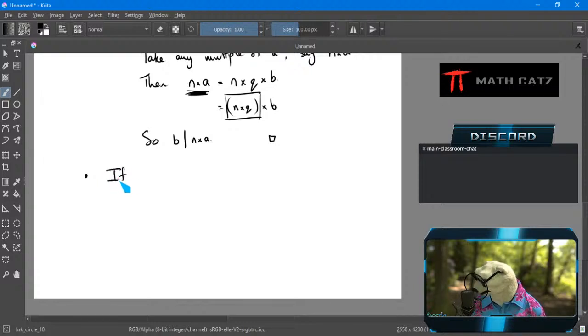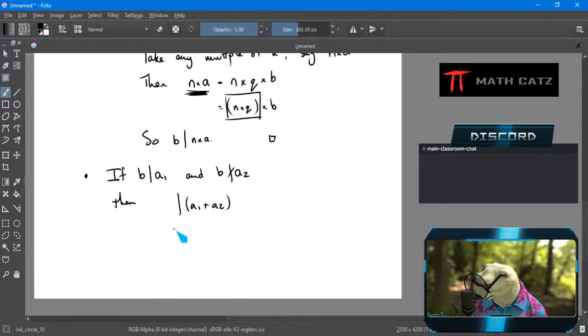If I have two numbers, A1 and A1 is divisible by B, and I have another number, A2, and it's not divisible by B, then if I look at adding those two numbers, B is not going to divide into that.